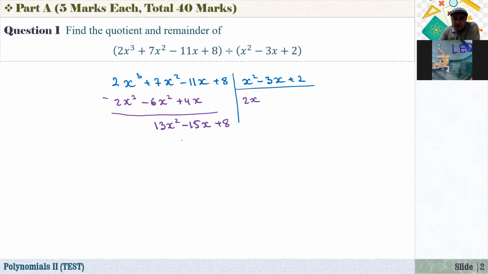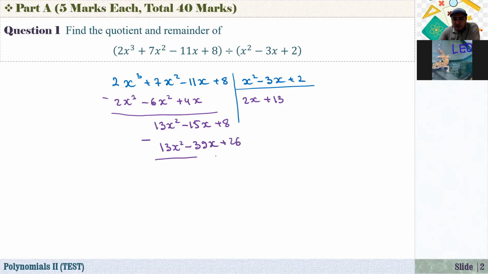Now we apply the same process. We have to divide 13x squared minus 15x plus 8 by x squared minus 3x plus 2. The degree of 13x squared is greater than or equal to the degree of x squared, so we can continue our division. 13x squared divided by x squared is positive 13. 13 times x squared is 13x squared, minus 39x plus 26.